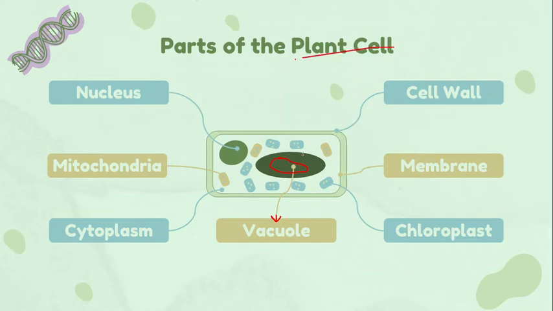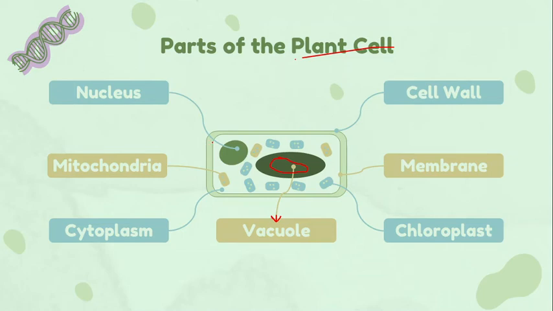So why is this nucleus not in the center point? I told you that I'll tell you in a few minutes. This is because the vacuole is larger in plant cells, so it occupies the whole space in the cytoplasm, and moves the other parts of the cell to the corners.